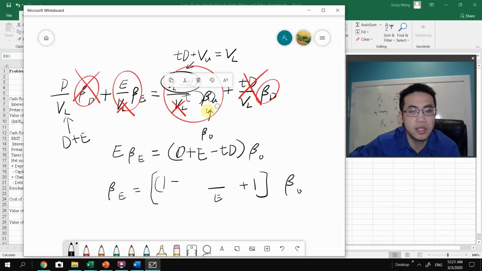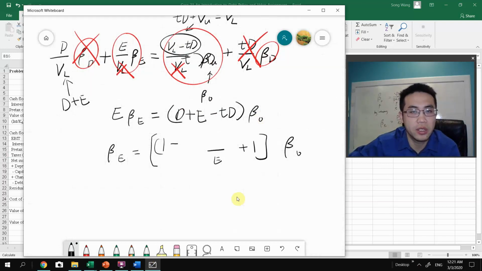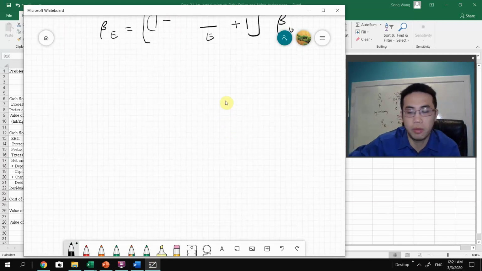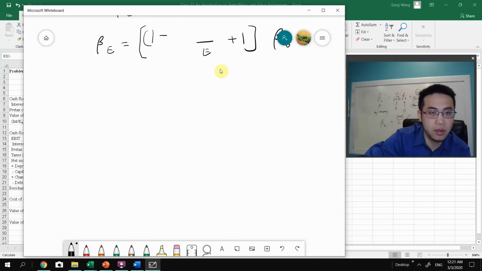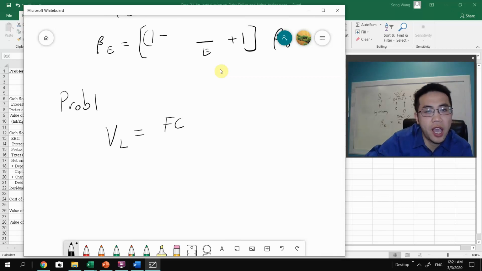Okay, so this is something I wrote earlier. Let me just briefly introduce what we are going to do right here. In problem set 1, we learned that the value of a levered firm equals the free cash flow divided by the weighted average cost of capital. The weighted average cost of capital is made of several components.